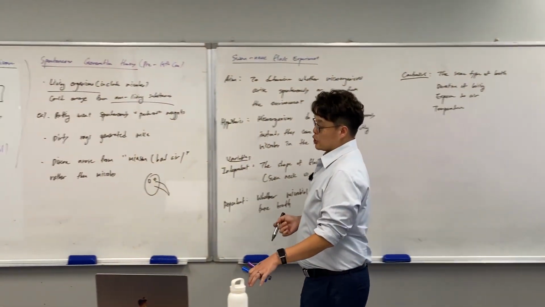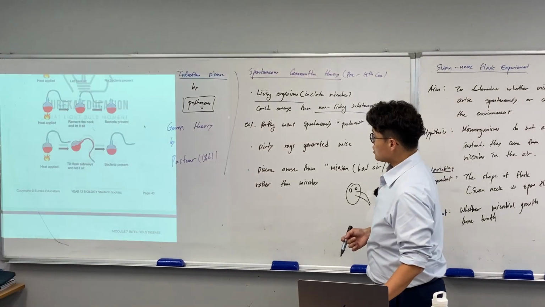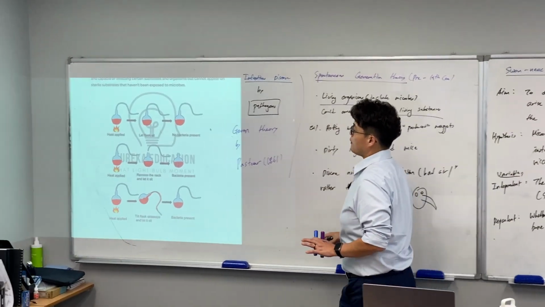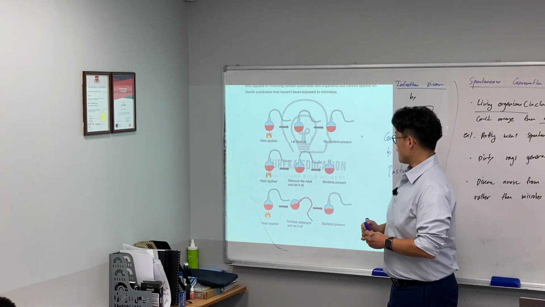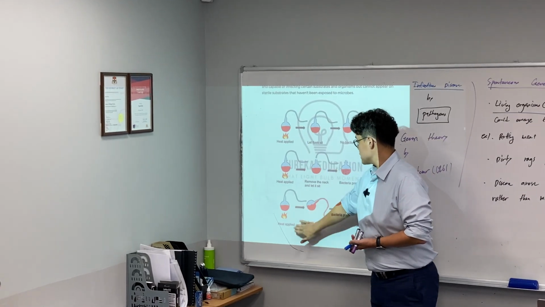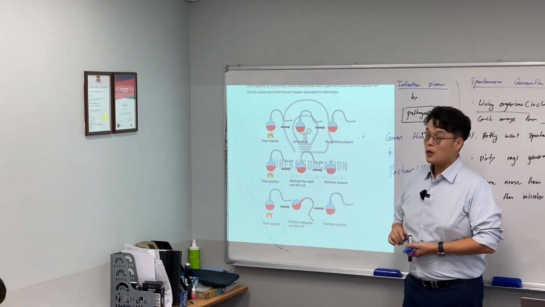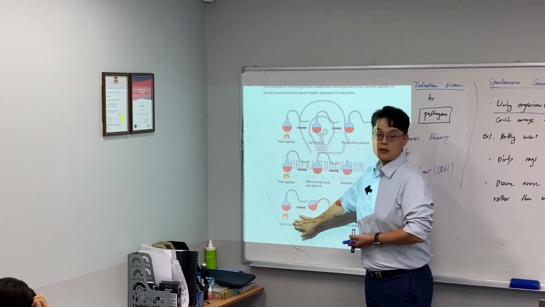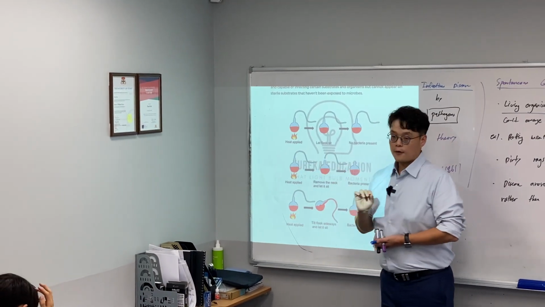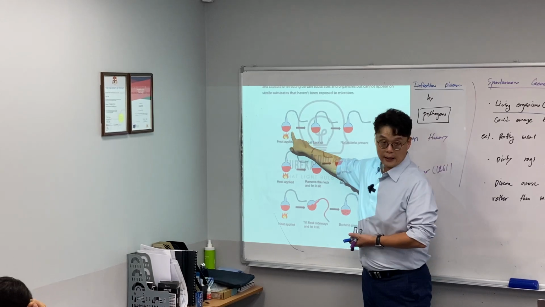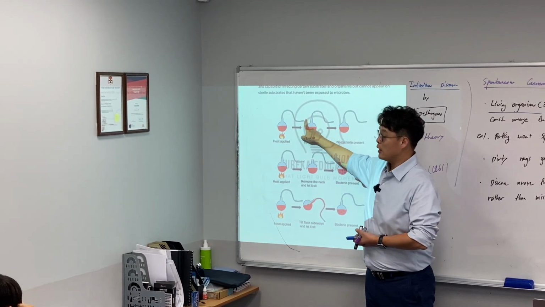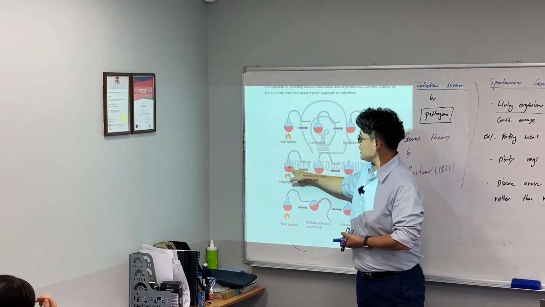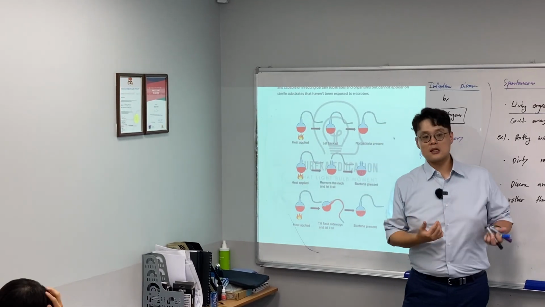Page 43 in your workbook describes the method, as well as the apparatus and what he actually used. As you can see, he prepared three flasks, all swan necks. He first put the broth into the swan neck flask, and then sealed the end. Then he applied heat to kill any microbes, kind of sanitizing.